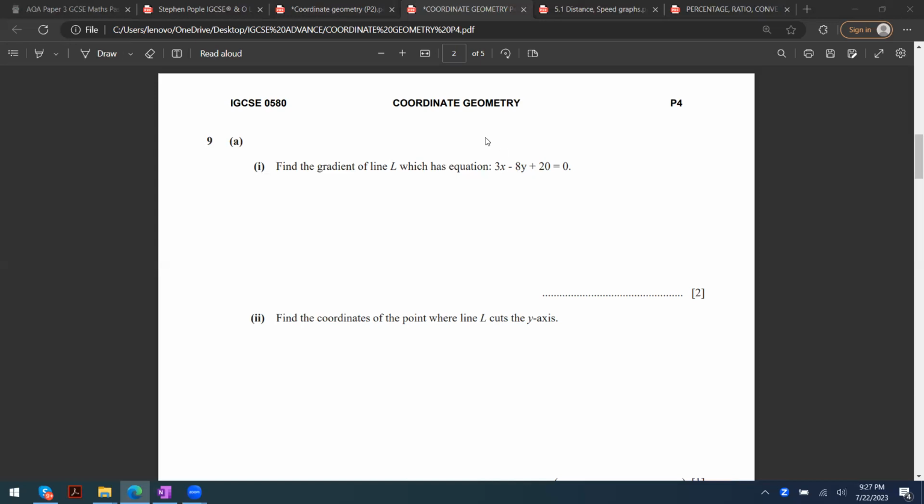The hint is you need to convert this into the form y is equal to mx plus c. Make y the subject.